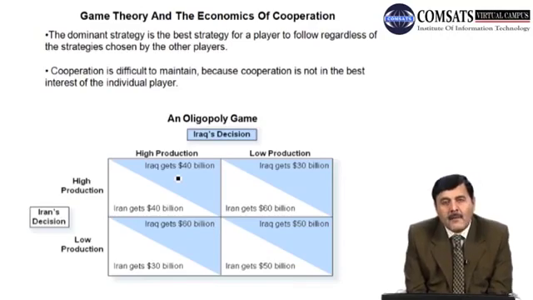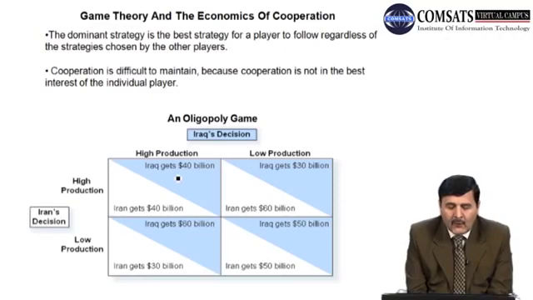Now if we come to the third box, where it is the opposite case, Iran is producing at a low level and Iraq is producing at a high level. So Iraq of course is getting more revenue in return, which is 60 billion US dollars, and Iran is getting only 30 billion.